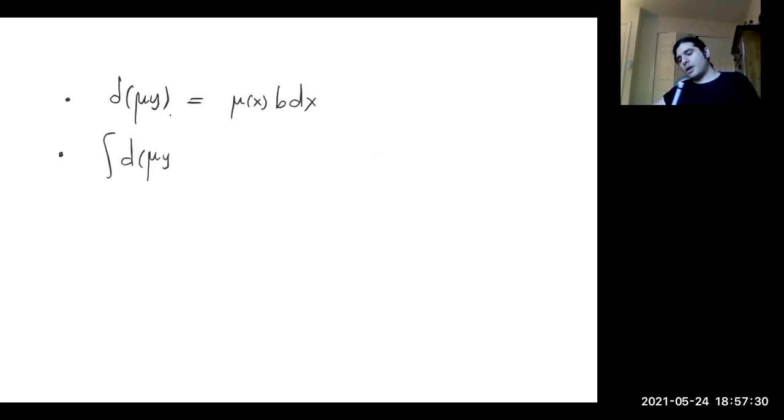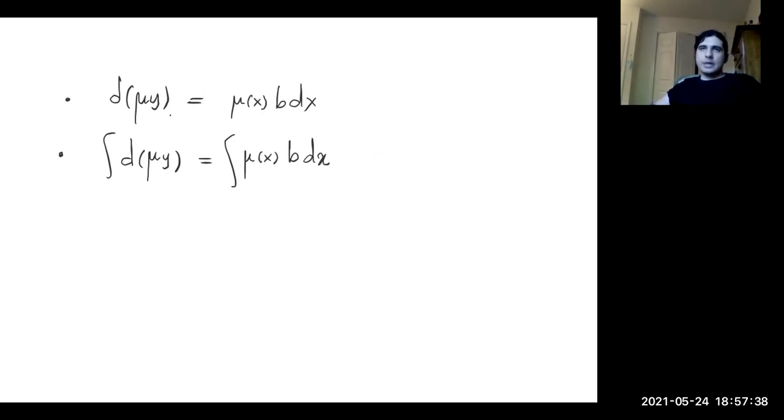So now let's integrate both sides. The last step, we notice d of mu y is equal to mu x b dx. If we integrate both sides, we would have the integral of d of mu y is the integral of mu x b dx.